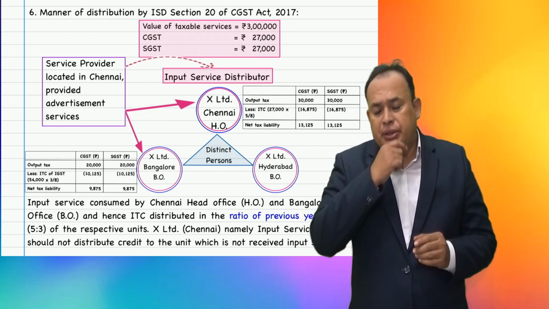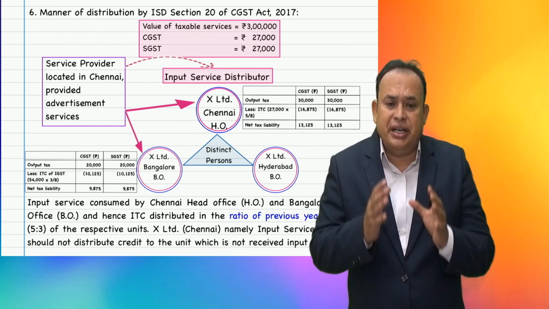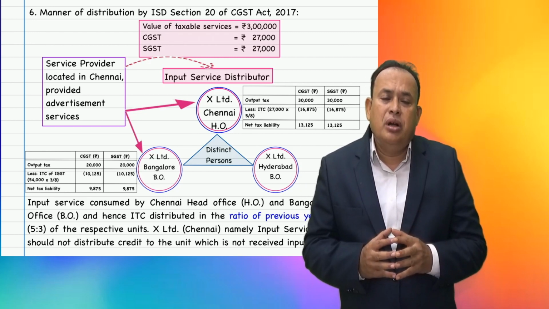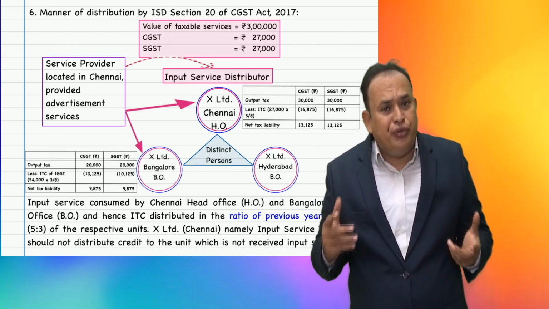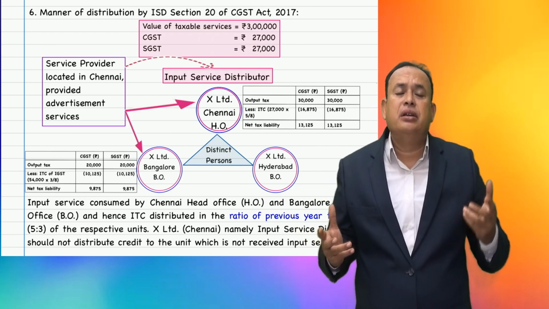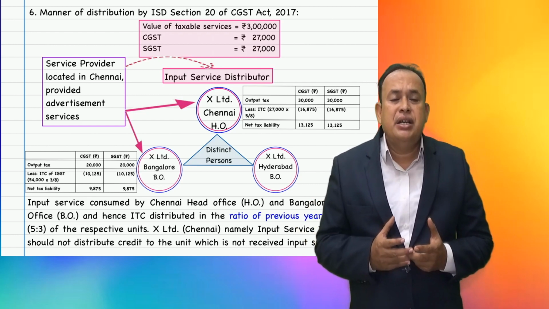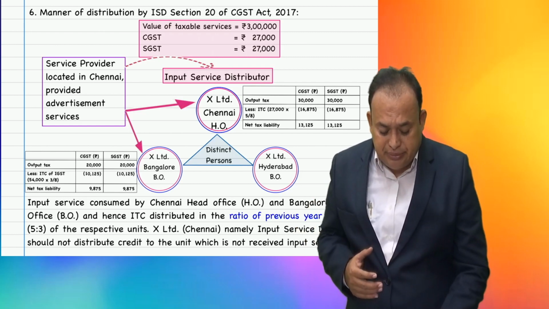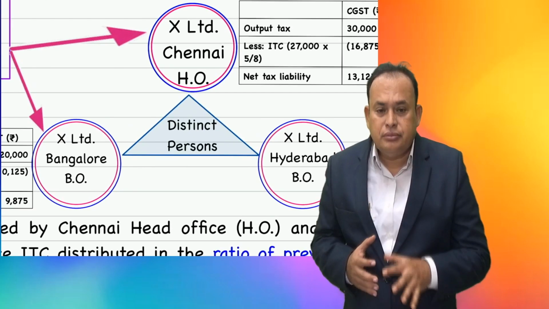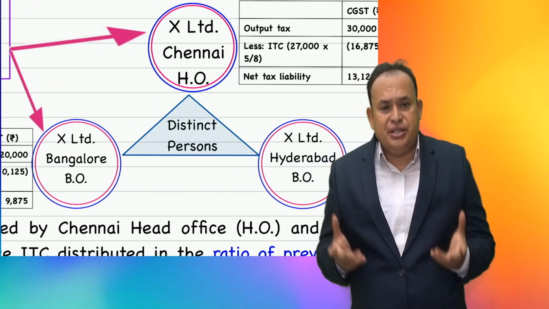I have a head office in Chennai, and also two branch offices, one in Bangalore and the other in Hyderabad. It is the size of my organization, having three locations in three different states.